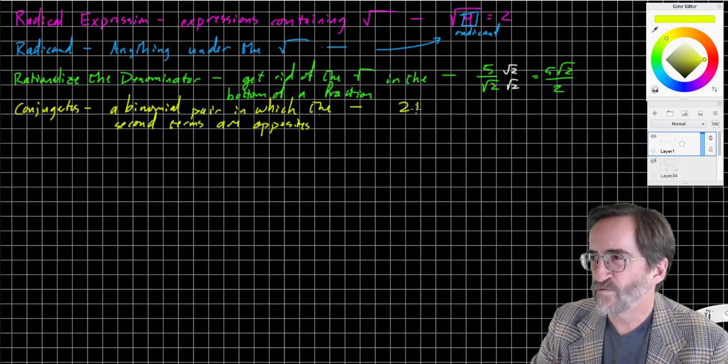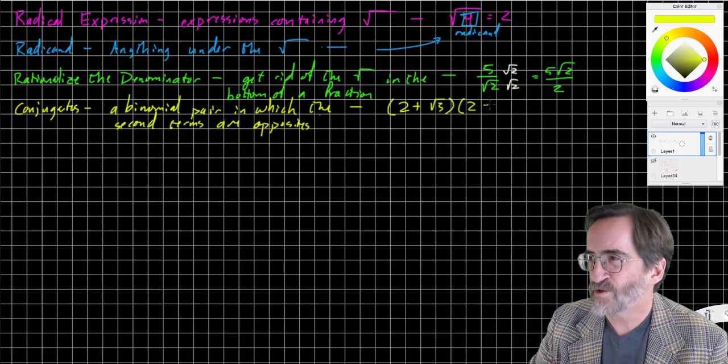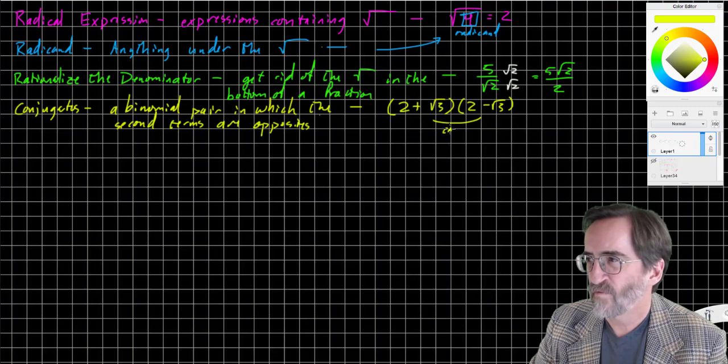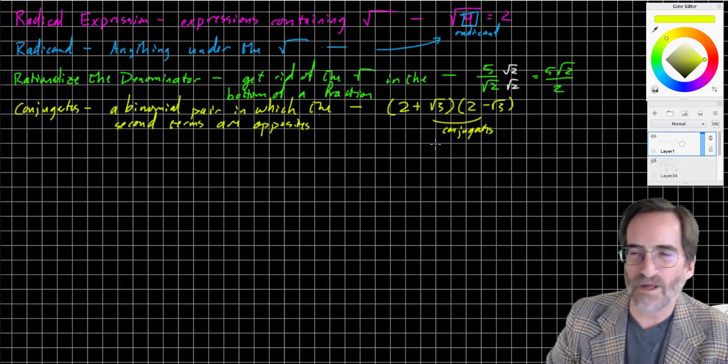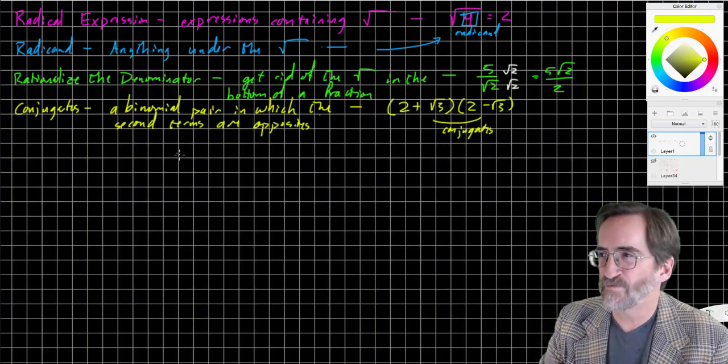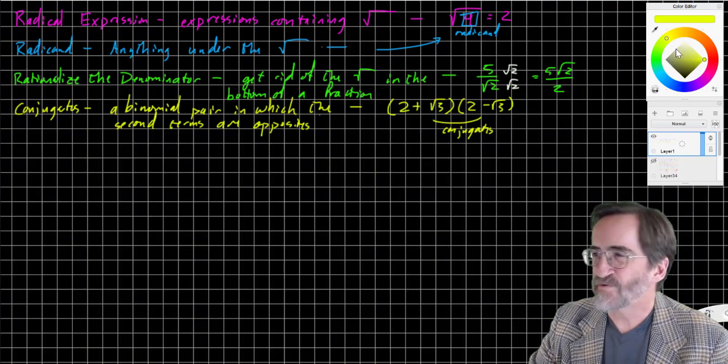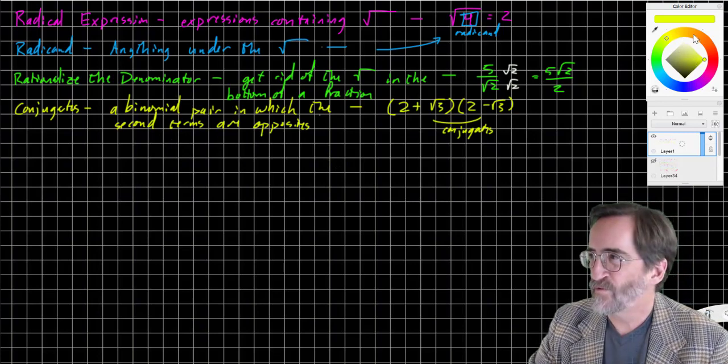So 2 plus square root 3 and 2 minus square root 3 are conjugates. And when you multiply conjugates, you end up getting a simplified problem. It's basically the difference of squares pattern that we learned about.